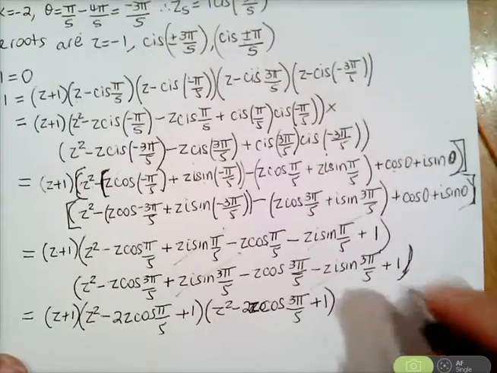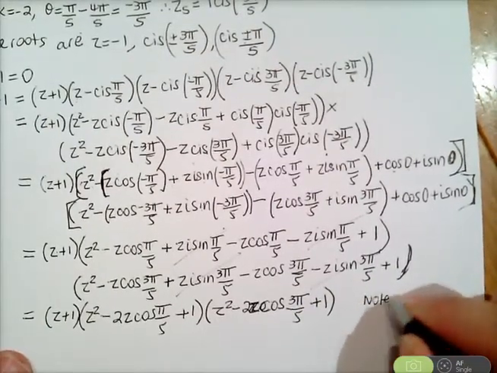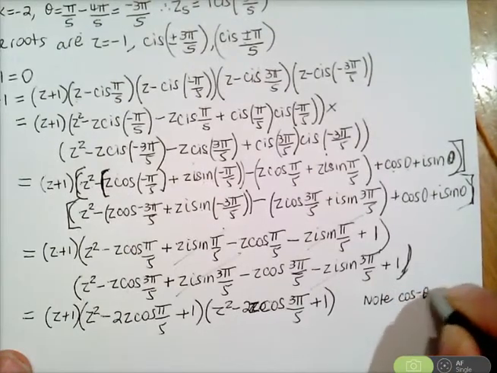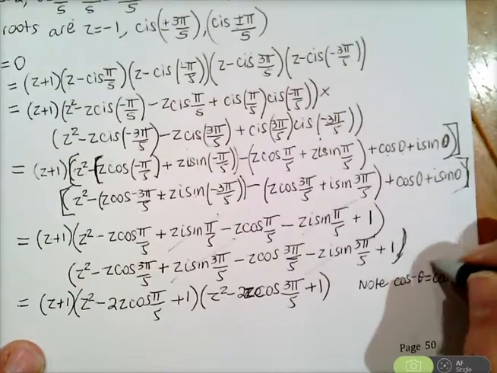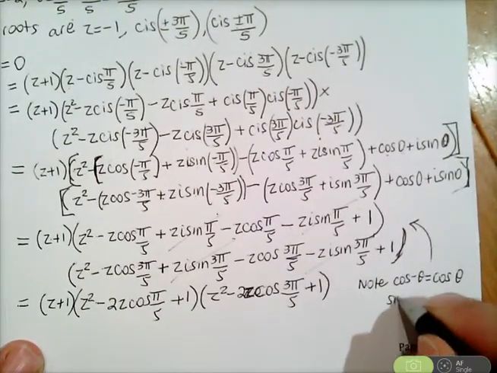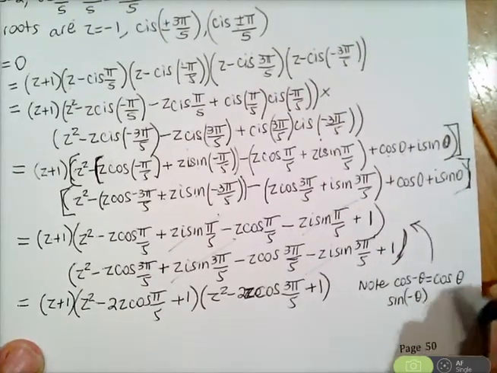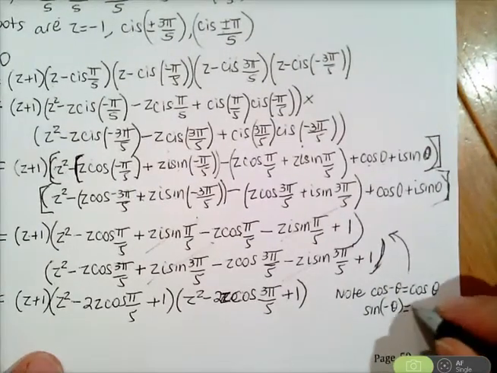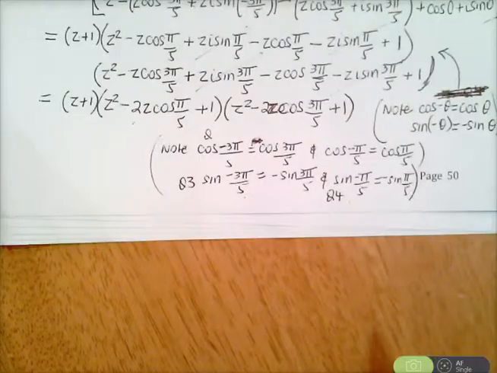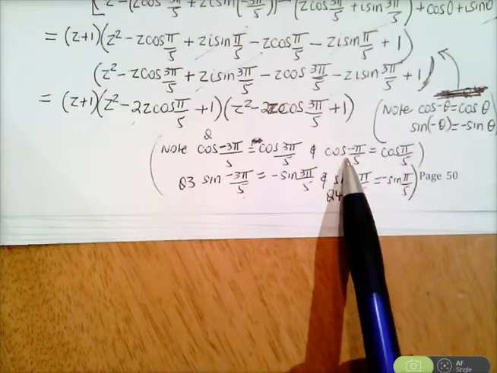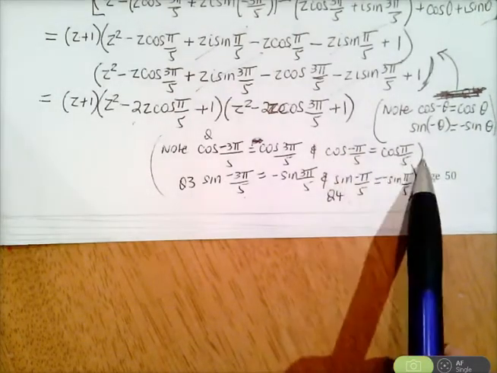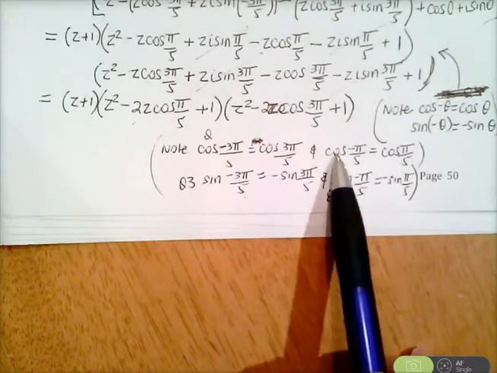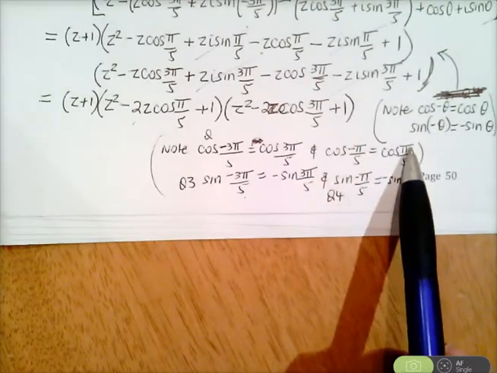Now, I would also be writing, note that cos of negative theta equals cos of theta. I'd be putting that up here. And that sine of negative theta equals minus sine theta. Okay, now we know that cos minus pi on 5 equals cos pi on 5. Sorry, this is quadrant 4, and cos minus pi on 5 equals cos pi on 5.